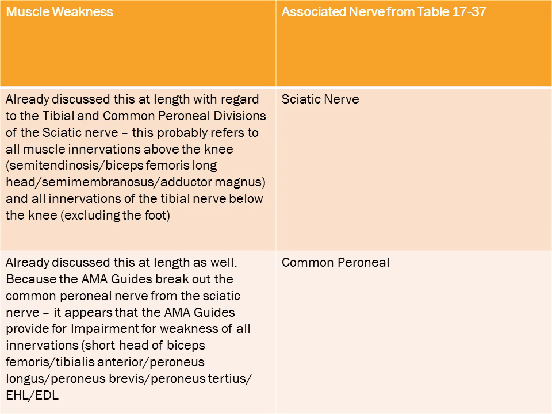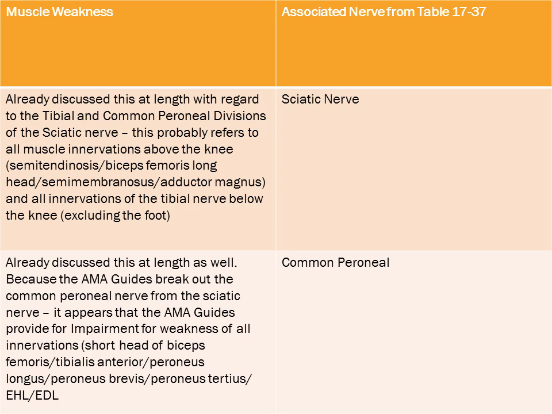And my final comment regarding the common peroneal nerve is that in Table 17-37, the AMA Guides break out the common peroneal nerve and provide for permanent impairments due to injury to the common peroneal nerve separate from impairments related to the sciatic nerve.